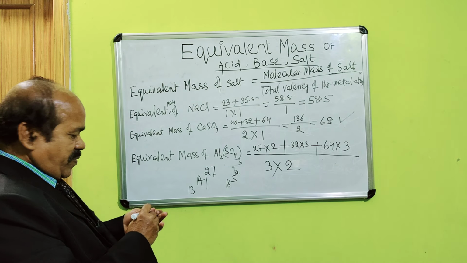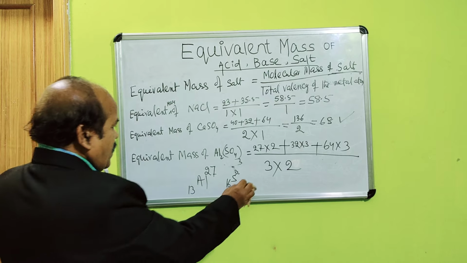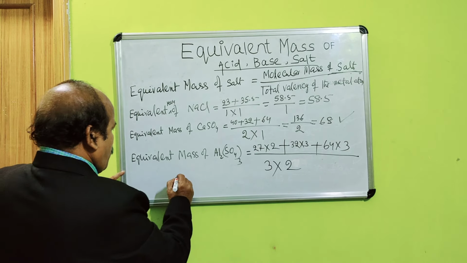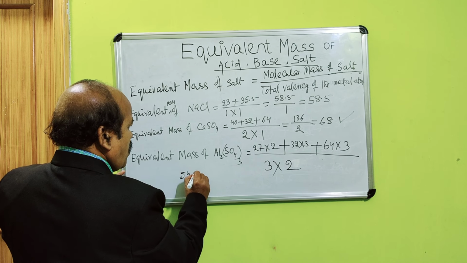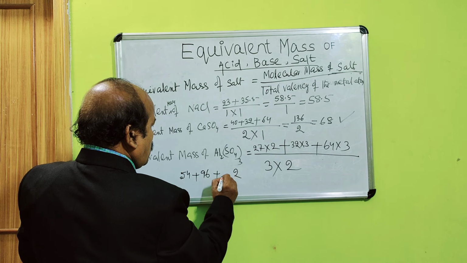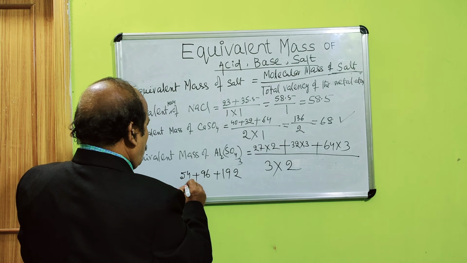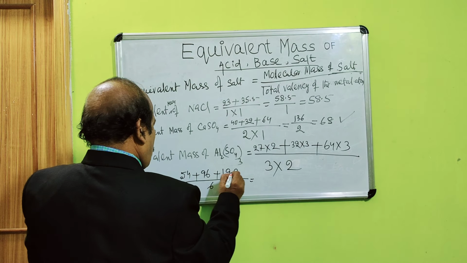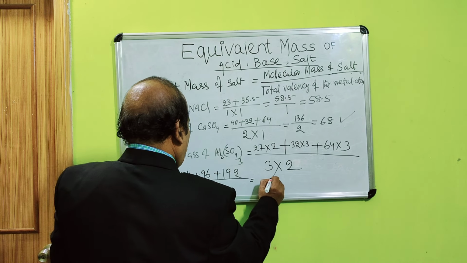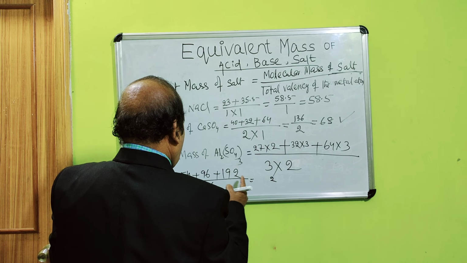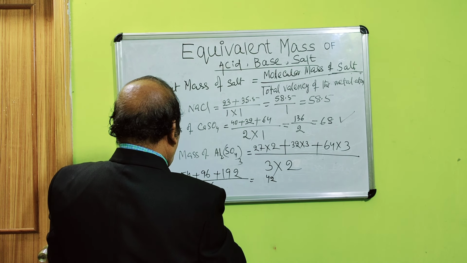So it is coming about 54 plus 96 plus 192 by 6.